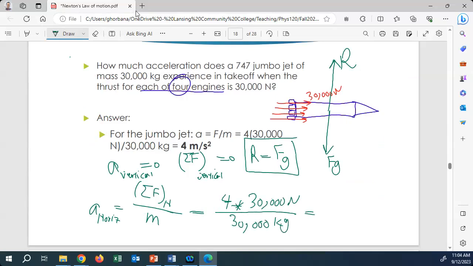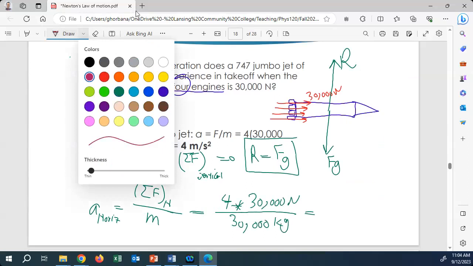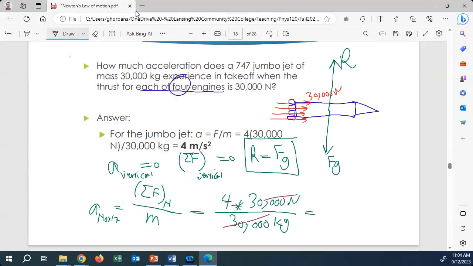The 30,000 and 30,000 cancel each other. What is left? 4 Newton per kilogram, or 4 meter per second squared. This is going to be the acceleration of the jet. So again, we identified other forces as well, but we didn't need to use those. But it helps us picture and understand the problem better.